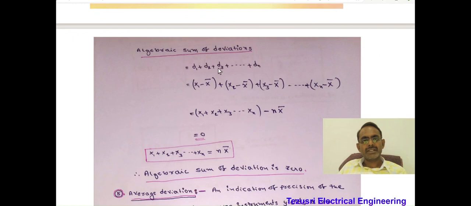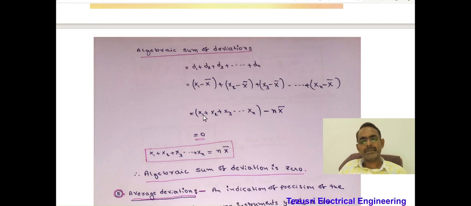Algebraic sum of deviations. We have to sum all the deviations d1 plus d2 plus d3, like this. d1 equals x1 reading minus arithmetic mean, x2 minus arithmetic mean, x3 minus arithmetic mean.